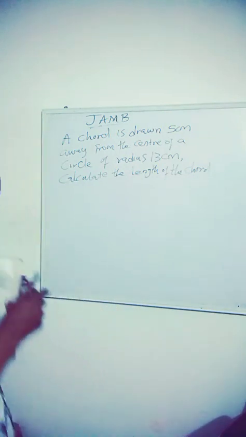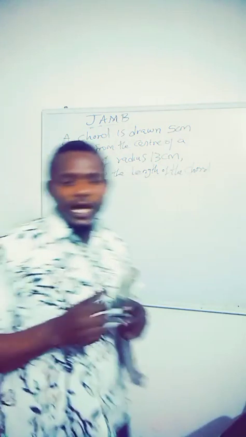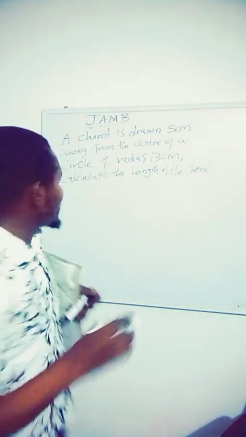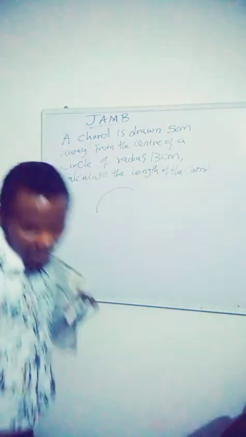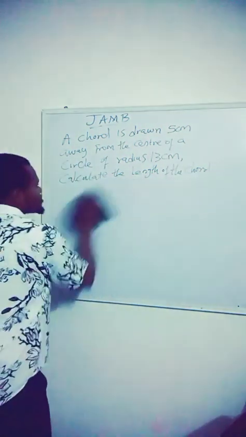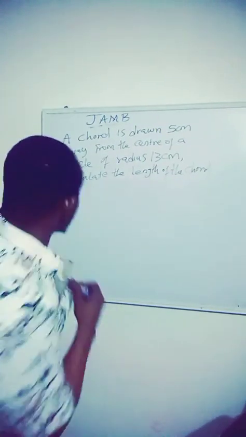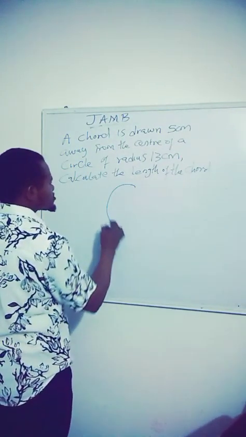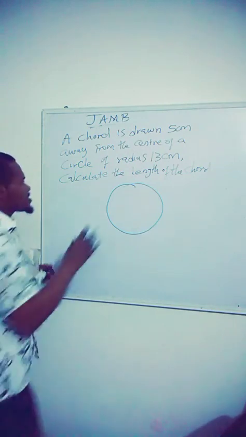So let's interpret. For you to interpret this, you must know what a chord is, so let's draw. Okay, so this is the circle. I hope you can see it clearly.